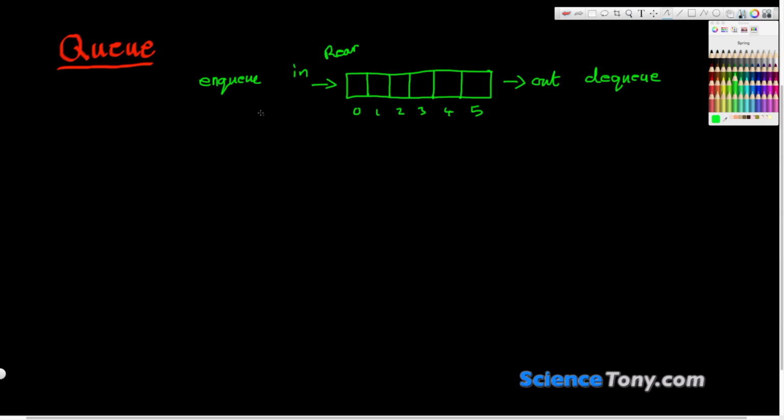What goes on here is in enqueue, we use insert. So we're going to insert something, and you would have your argument in there.